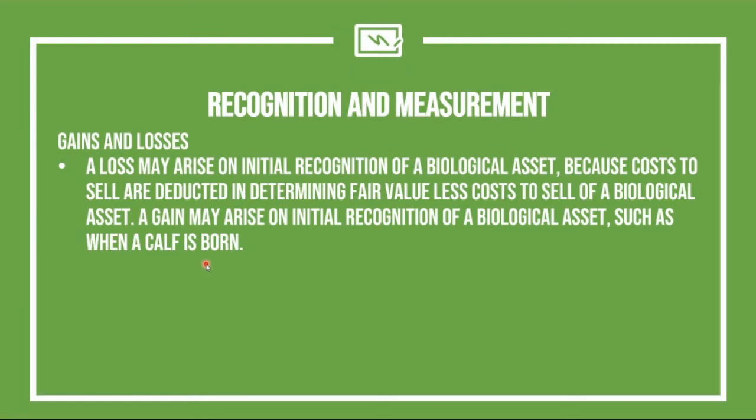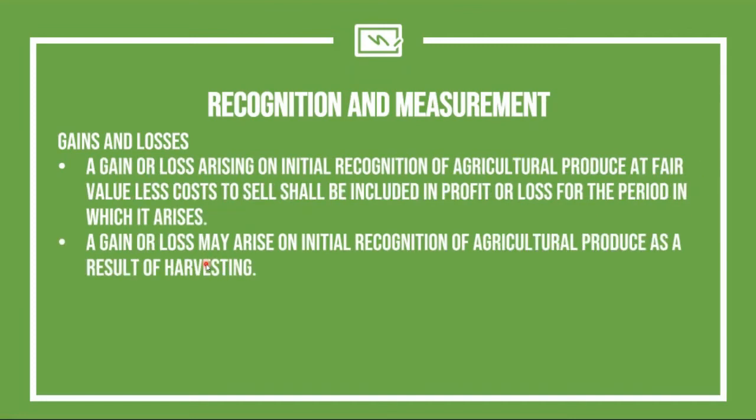So the main thing here is whenever changes happen, you need to remeasure the fair value. And because you are remeasuring, the fair value may increase, resulting in a gain, or the fair value may decrease, resulting in losses. So that's how it works. A gain or loss arising on initial recognition of agricultural produce at fair value less cost to sell shall be included in profit or loss.